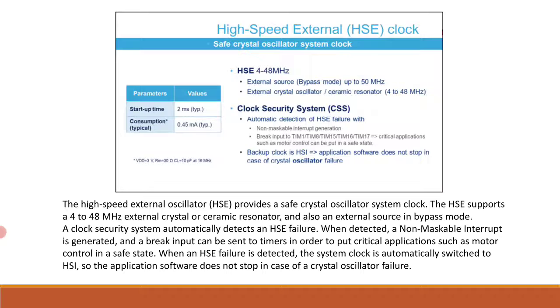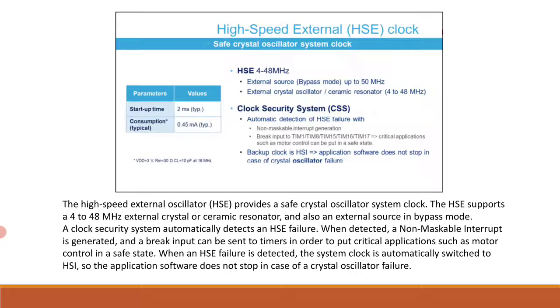When enabled, a non-maskable interrupt is generated and a break input can be sent to timers in order to put critical applications such as motor control in a safe state. When HSE failure is detected, the system clock is automatically switched to HSI, so the application software does not stop in case of a crystal oscillator failure.